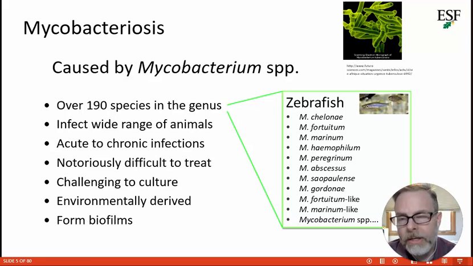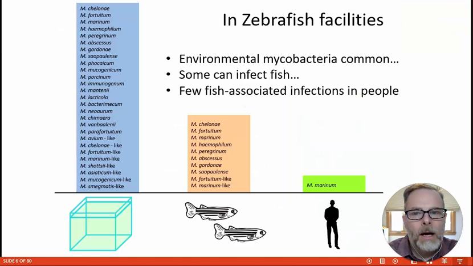And then what's really important with our zebrafish ones is, one, mycobacteria can be environmentally derived, and two, they can form surface biofilms. So in an aquatic system, mycobacteria will happily live on those surfaces whether or not, say, fish are present, so they can persist in the environment without the host being present. And that's illustrated to some extent here.